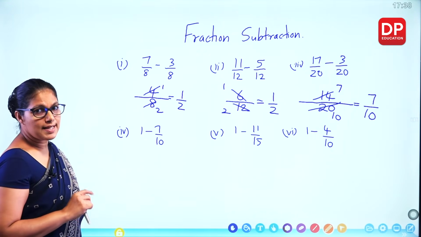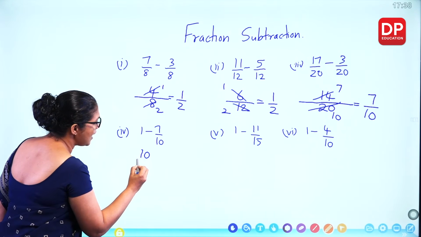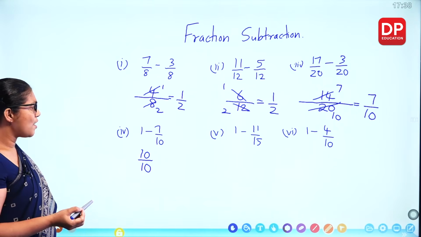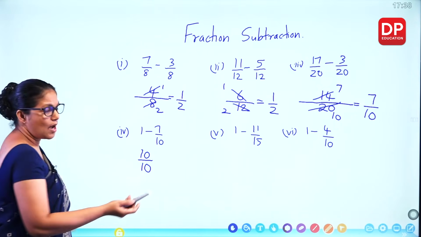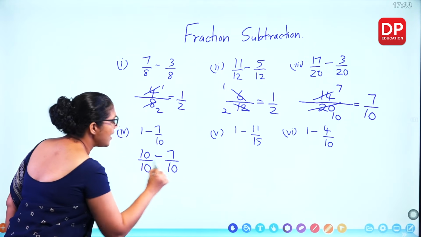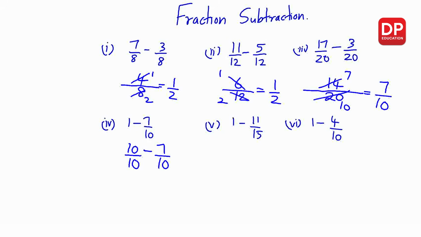The denominator is 10. So what you can do, you can multiply by 10 to get the same denominator. Instead of 1, I can write 10 out of 10. Then I can now subtract 7 parts out of 10. We can see 10 is the common denominator. 10 minus 7 is 3.